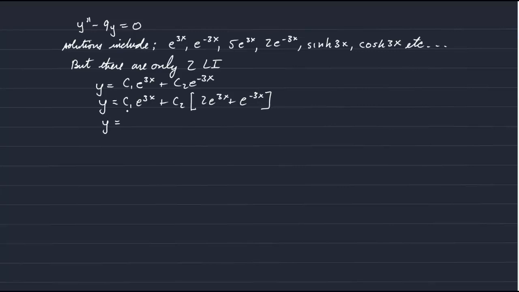Or another valid answer would be c1 e to the 3x plus c2 sinh 3x. And you'll recall that sinh 3x is equal to e to the 3x minus e to the minus 3x over 2.